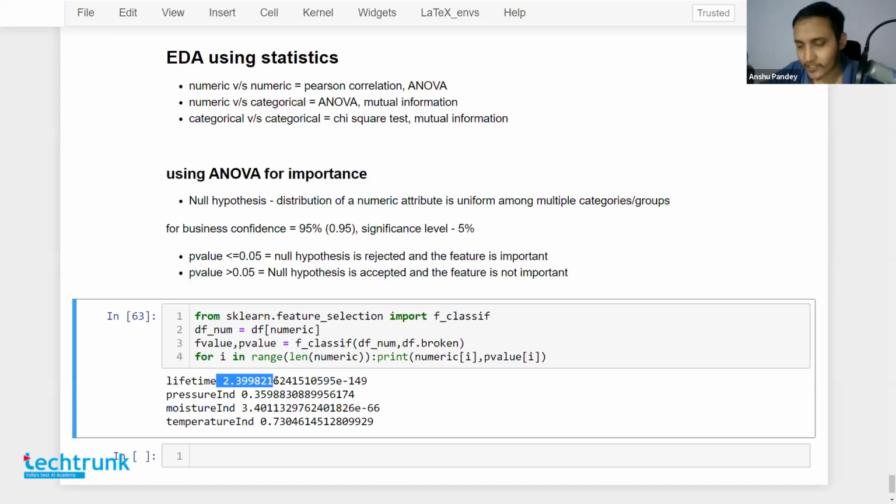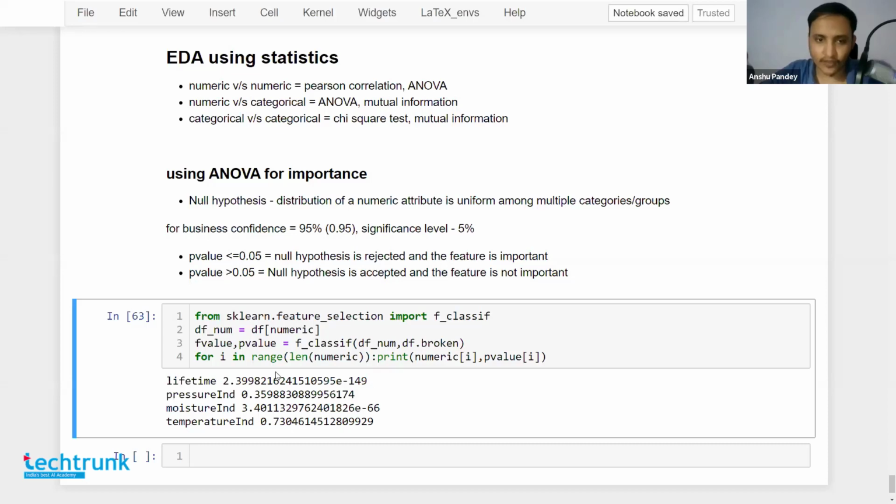Statistics shows that lifetime is important, but it doesn't show that machines with lifetime more than 60 months are getting damaged because they are older. It simply shows yes or no. That's why data visualization is super important in the EDA process.